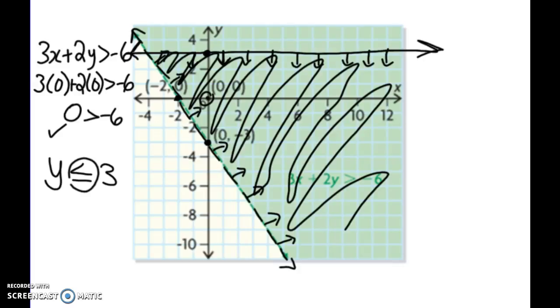So I could choose my x as 0, and I could choose my y as -2. X is 0, y is -2, because right here, that falls within the shaded area.